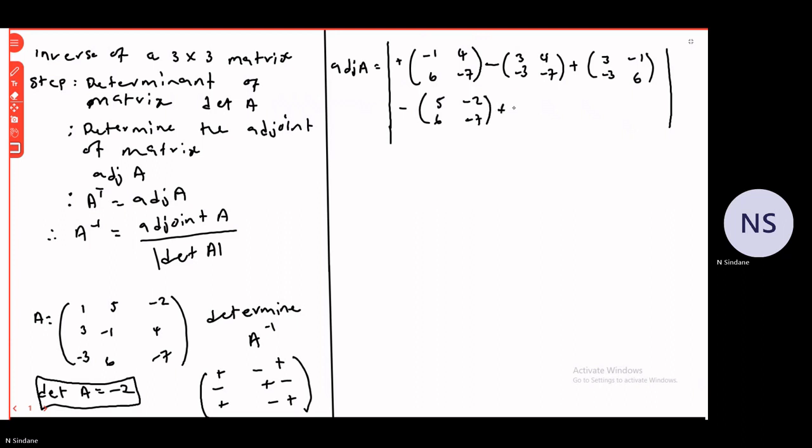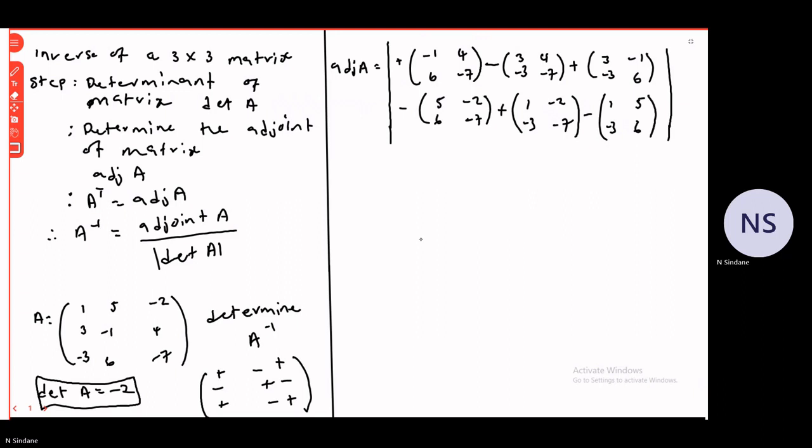Plus into, this one is out, I have 1, minus 3, minus 2, and minus 7. Minus into, this is out, I have 1, minus 3 and then minus 2, 5 and 6.